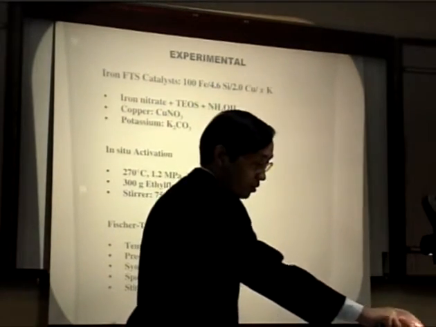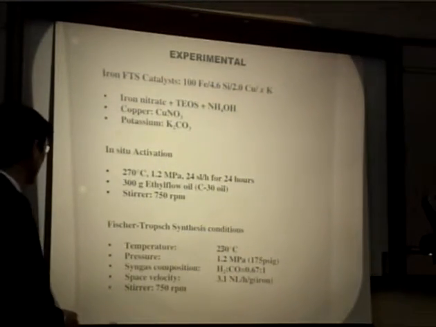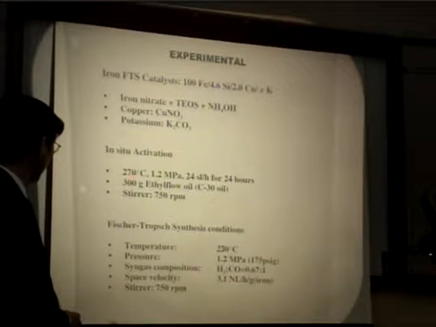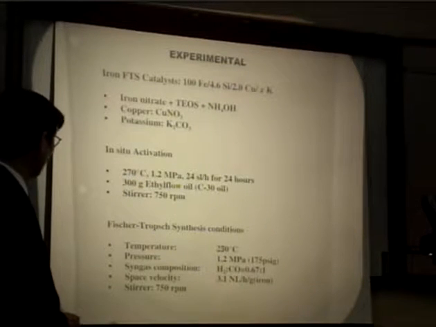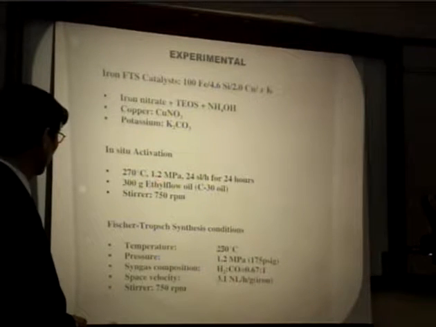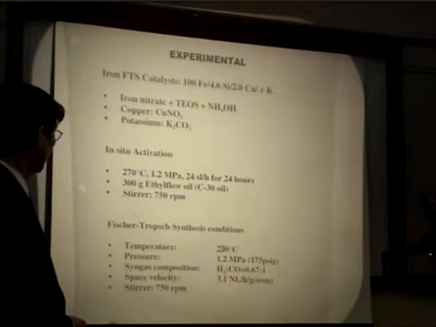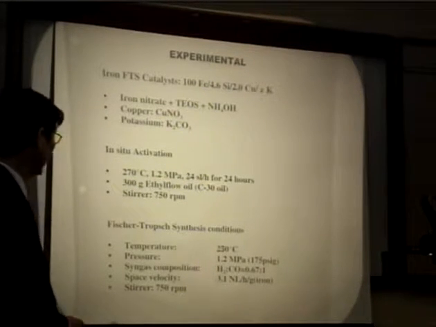The in situ activation of the catalyst was carried out at 270 degrees C, and then the reaction temperature of 230 degrees C, and the pressure is 12 atmosphere. Space velocity 24 standard liters per hour for 24 hours.